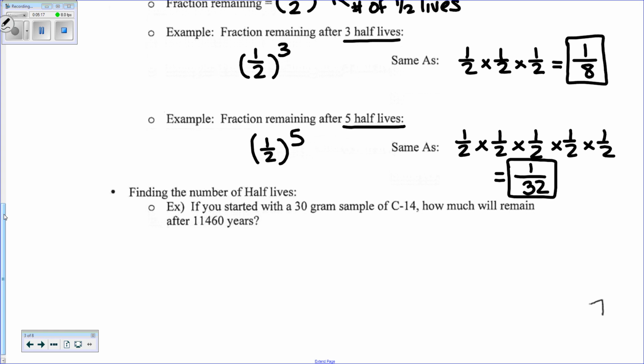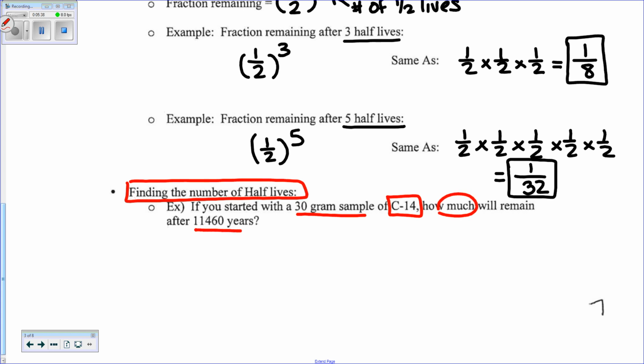So if I have to go through a problem like this, let me change my color. So I'm finding my number. Let's just go through an example. So it says if you started with a 30-gram sample of carbon-14, how much will remain after 11,460 years? So what I would do is I would go to my table N for this, and I would say, well, they told me it was carbon-14.